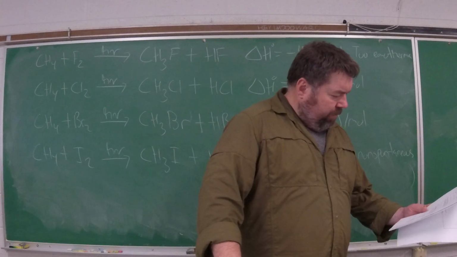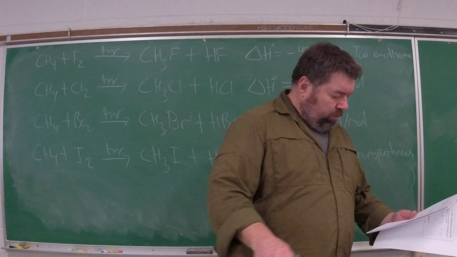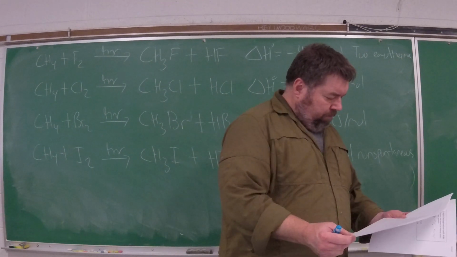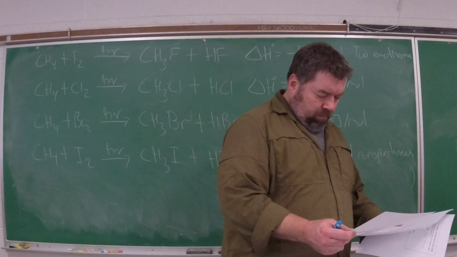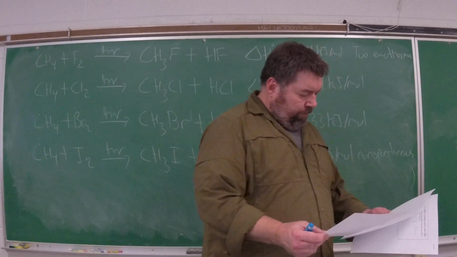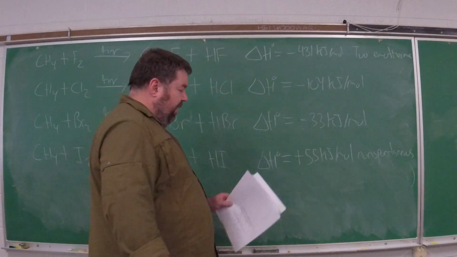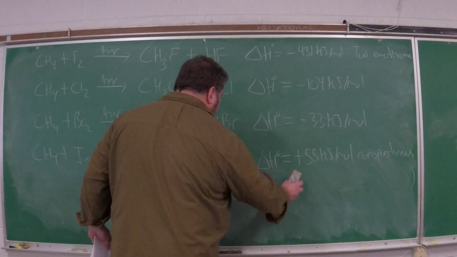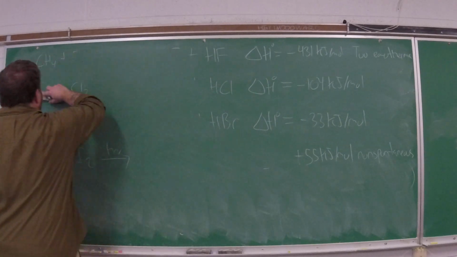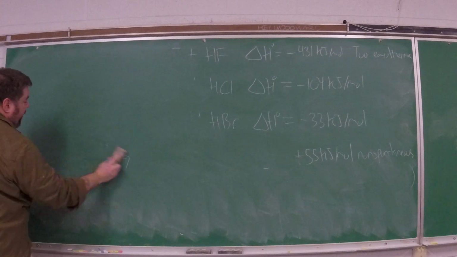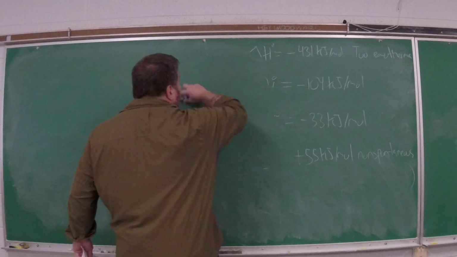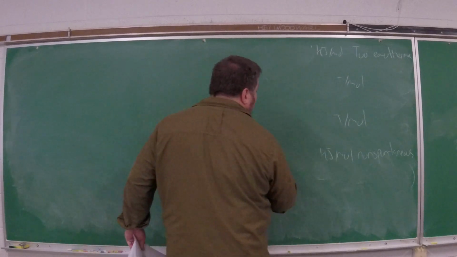All right, let's see here. Let's take a look at regioselectivity. Halogenation regioselectivity. Right, so now we're talking about chlorine and bromine. We've already talked about the most stable free radicals, right? You have hydrogen abstraction.